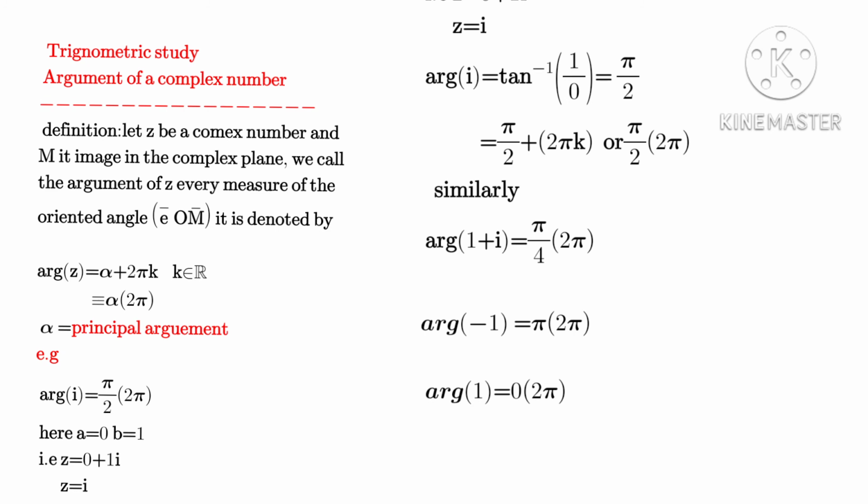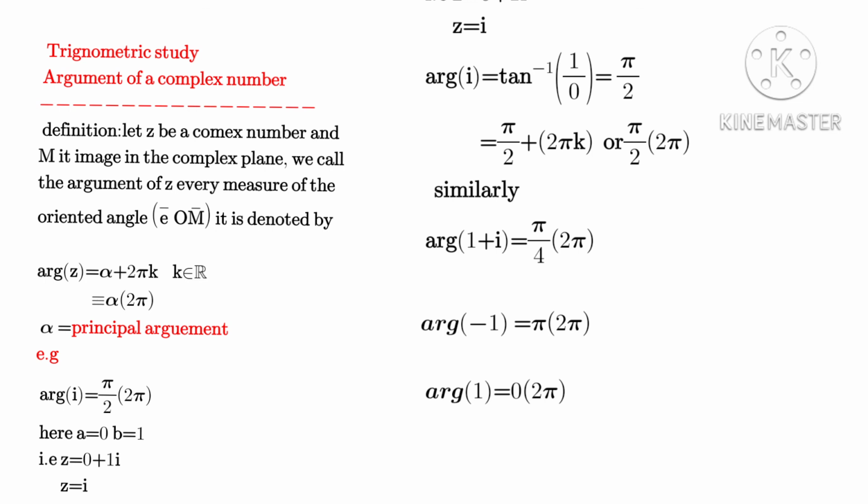So the argument of i, that is, when z equals 0 plus 1i, when z is equal to i, we have our argument to be pi over 2 modulo 2 pi. How does this come into play? To look for the argument of a complex number, it is always the inverse tan of the y-axis over the x-axis.